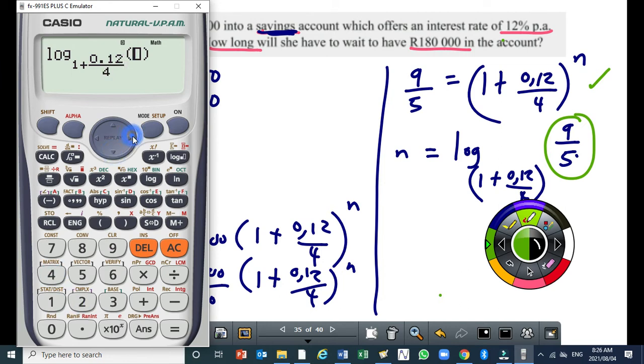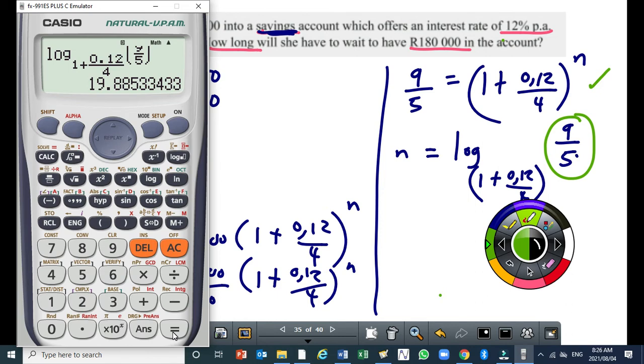Then let's put our number that we are trying to find its logarithm. It's a fraction, so that will be 9 divided by 5. Then that will be the answer. I don't encourage you to convert this number here to a decimal.